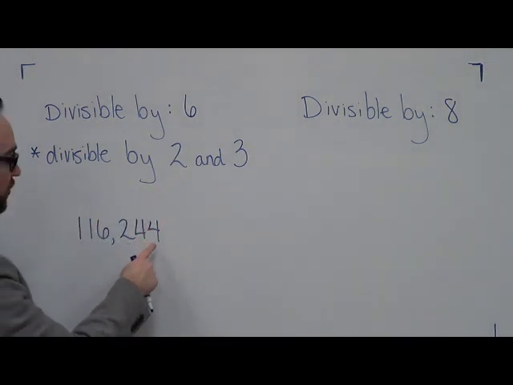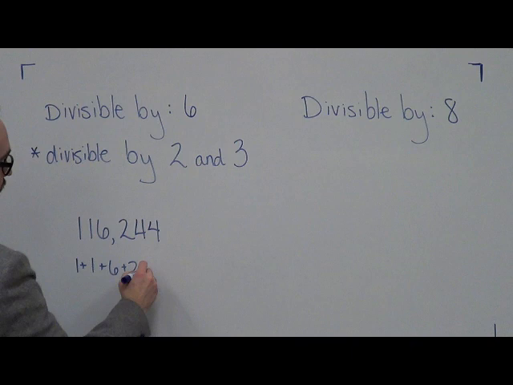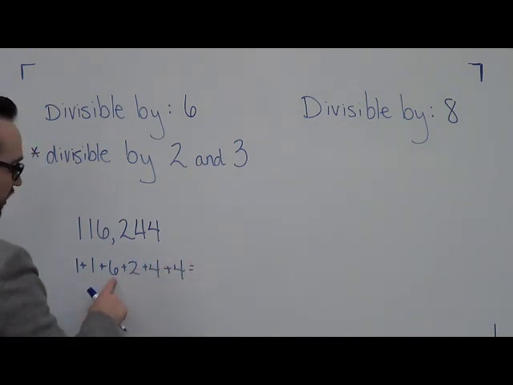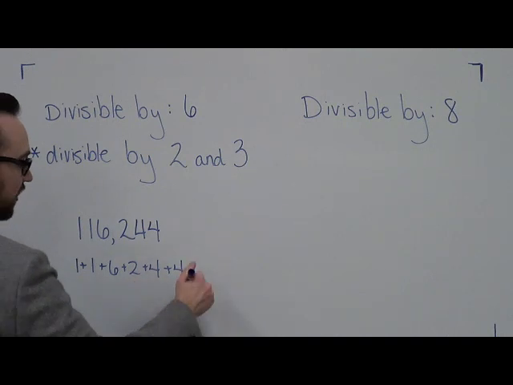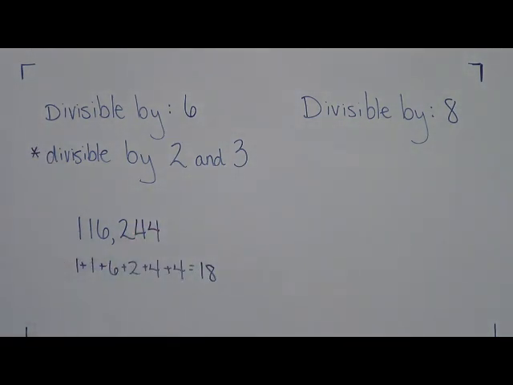It is, so we know it's divisible by 2. For 3, the digits all have to add up to something divisible by 3. So if I add up all of these digits, we want them to be divisible by 3. So that's 2, and 6 is 8, 10, 18. Again, that's divisible by 3. So we know that this whole number is indeed divisible by 6 because it's divisible by both 2 and 3.